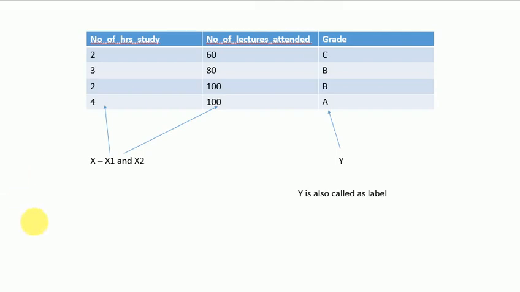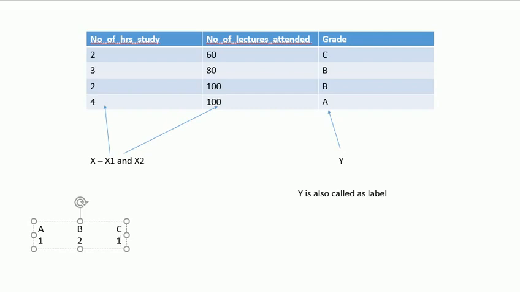So I can have A, then B, and then C. For A, I know that it is 4 and 100, so one record falls under A. For B, we have two records, so I'll write two records fall under B. And for C, we have only one record, so one record falls under C. So this gives me an analysis that I have three classes, A, B and C, and the ratio in which all the students can be divided is 1:2:1.